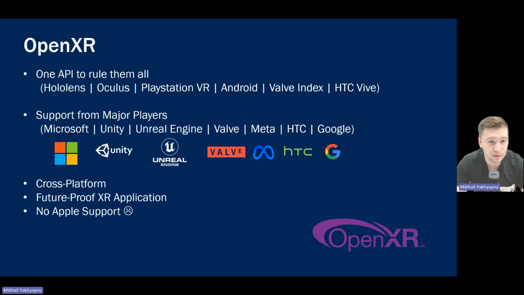OpenXR is supported by major players such as Microsoft, Unity, Unreal Engine, Valve, Meta, Google, HTC, and others. As I mentioned, it is cross-platform, so you can build your application only once, and it will run on many devices.